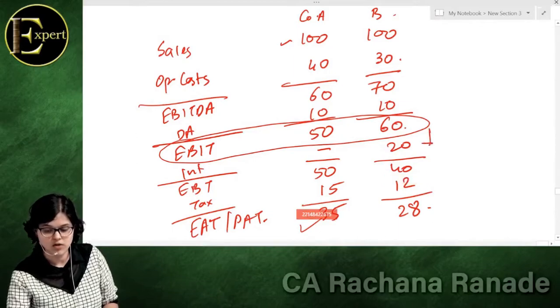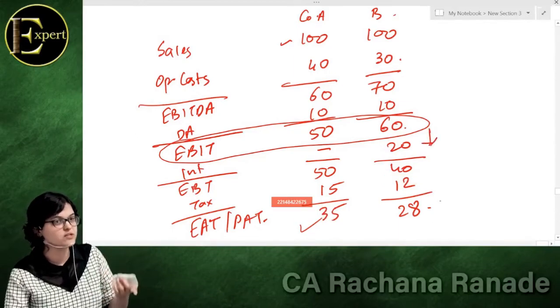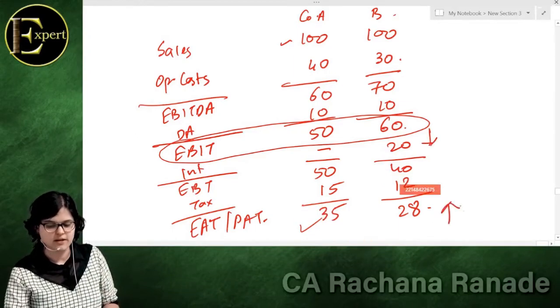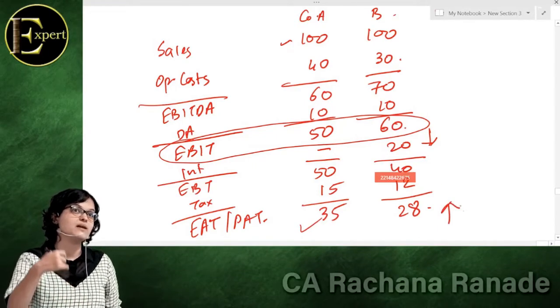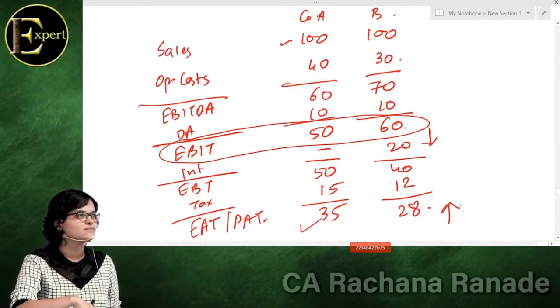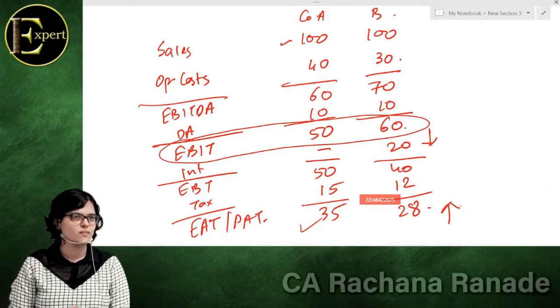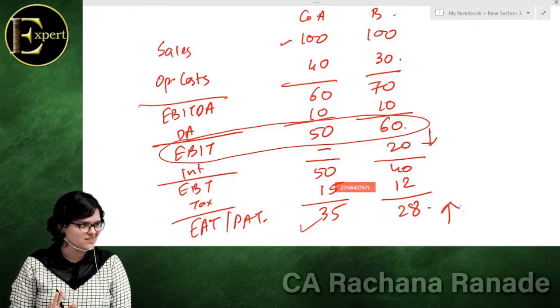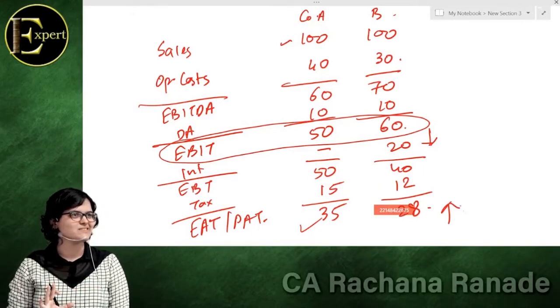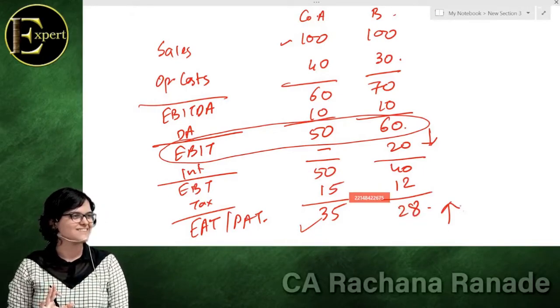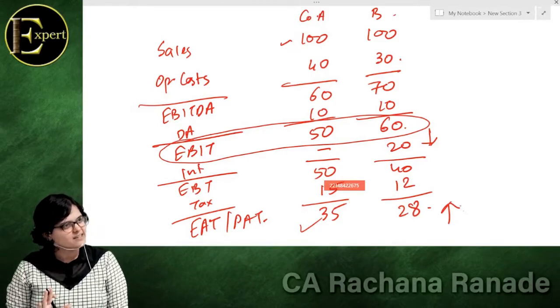If their interest cost goes down, their PAT will eventually rise. And that is why ideally B should be a better investment as compared to A. B should ideally give me more returns as compared to A. Yes, now I can see that smile on many faces. Now it's better. Correct? Can we go on now?